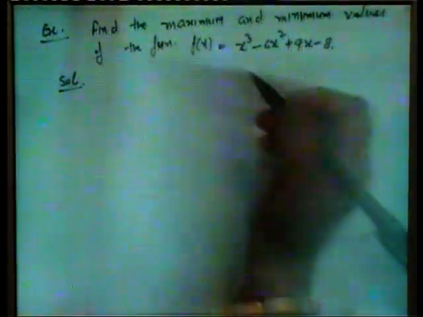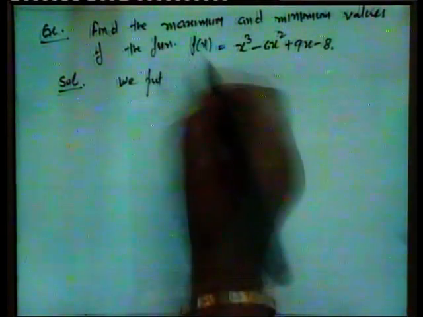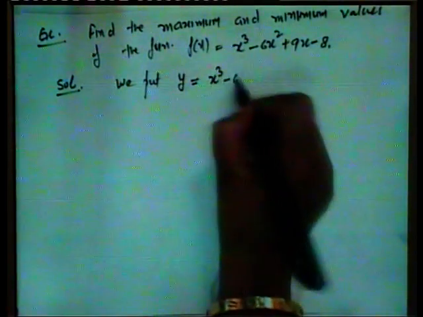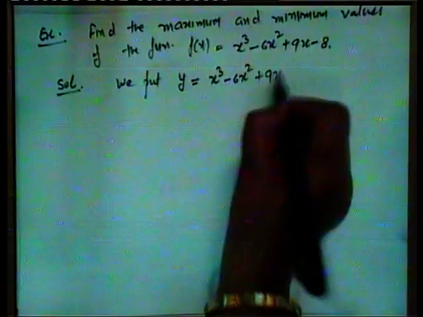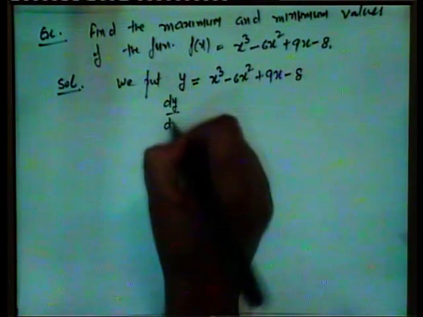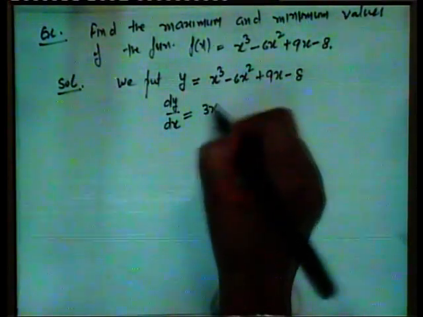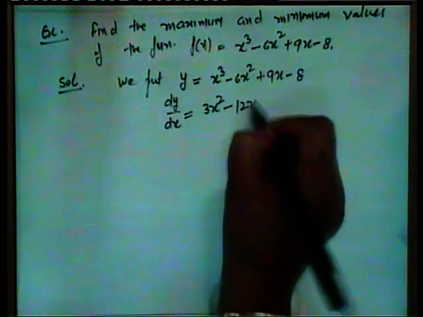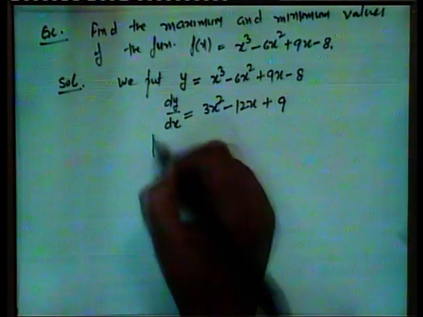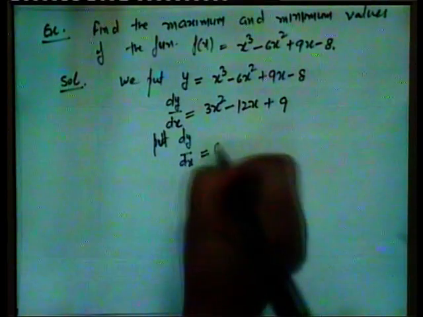As we have learnt, in the first step we put the given function equal to y. We put y is equal to x cube minus 6x square plus 9x minus 8. Now, find dy by dx. Differentiating with respect to x, we get 3x square minus 12x plus 9. Now, put dy by dx is equal to 0.